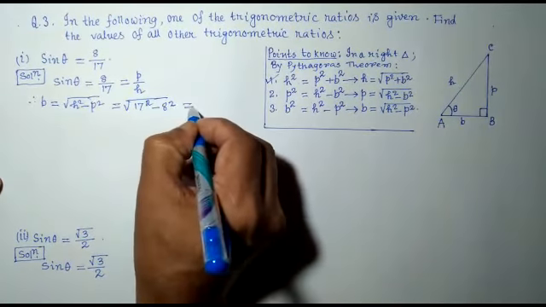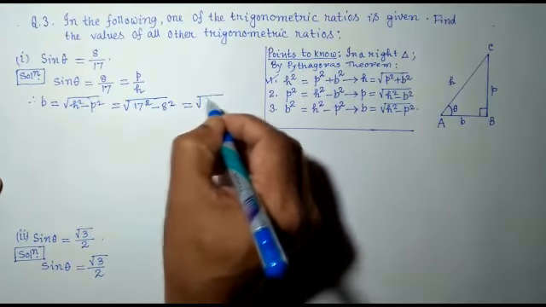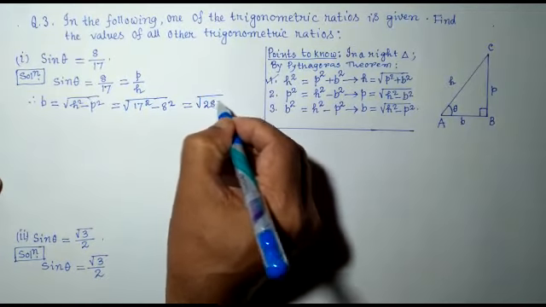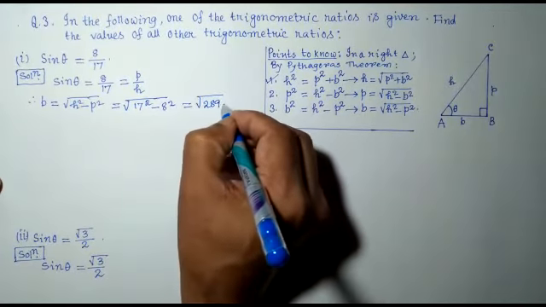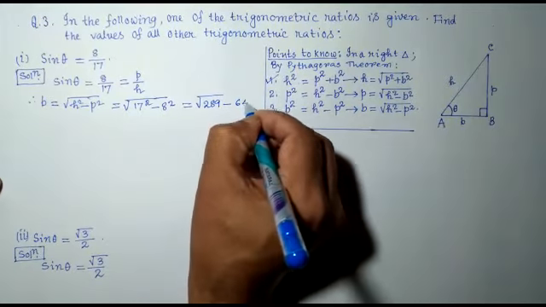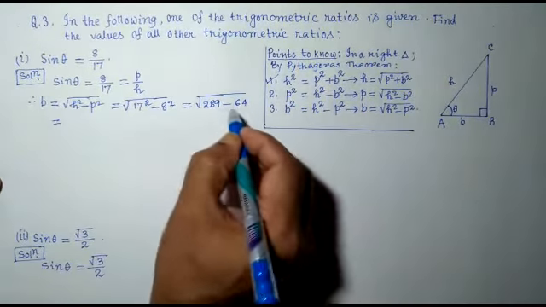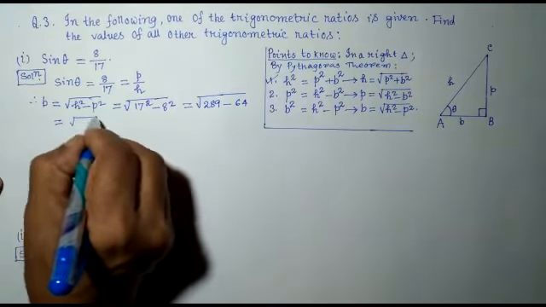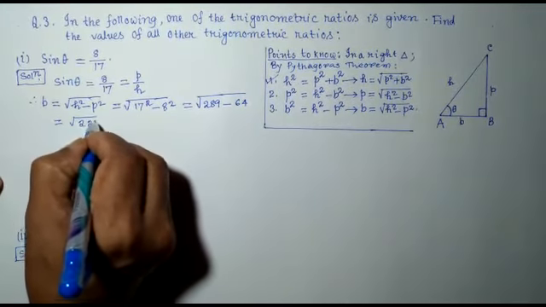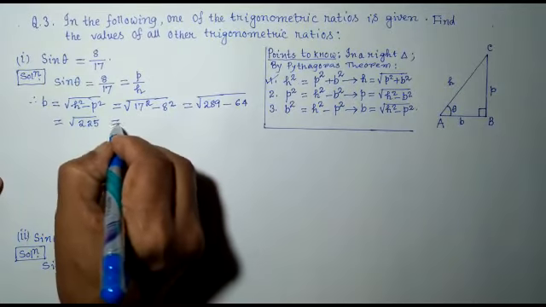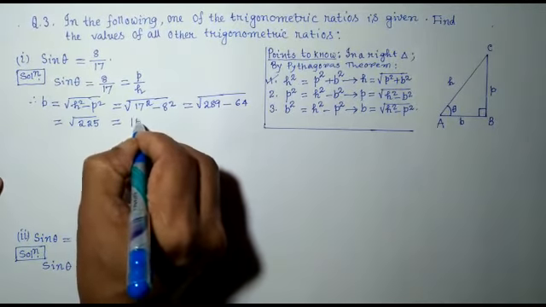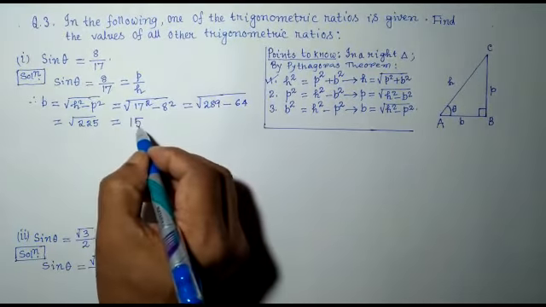So we continue here. 17 square is 289, multiply 17 by 17. Minus 8 square is 64. So we can continue here. 289 minus 64 is 225. Square root of 225 is 15. So we have now base is 15.